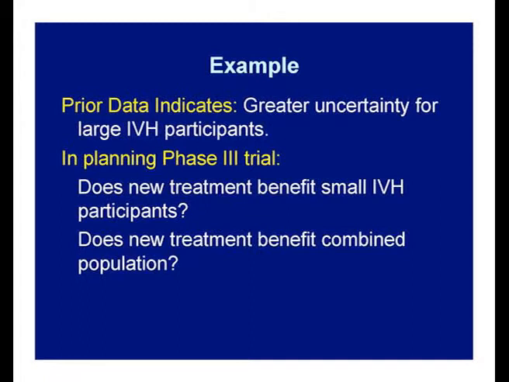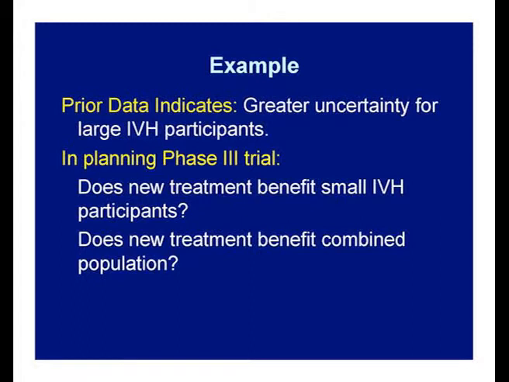But the general idea is that there was much greater uncertainty for large IVH participants. There's just not that much data on these patients yet. But it would be great to include them in the trial because we'd like to know the answer. The projection for what proportion of the overall population of people with ICH have large IVH was about 2/3.